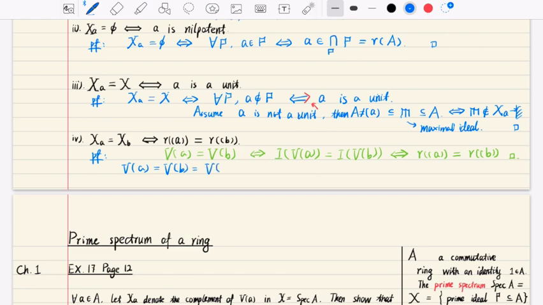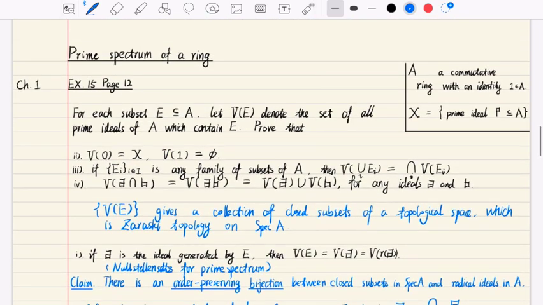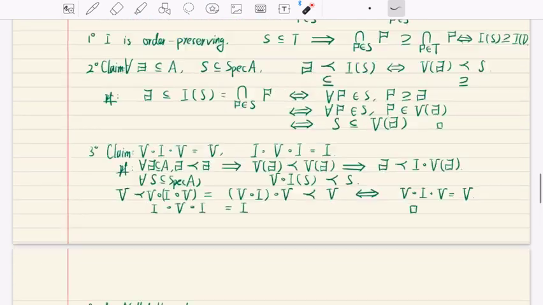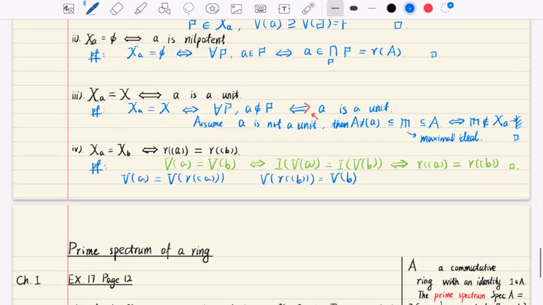We know V(A) is V of the radical of A, and V(B) is V of the radical of B, by question 1 here.